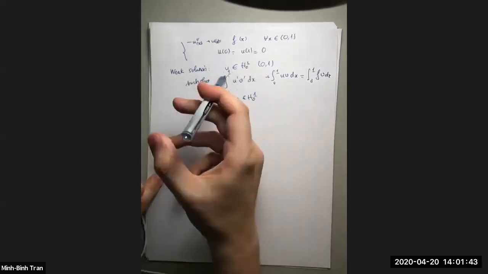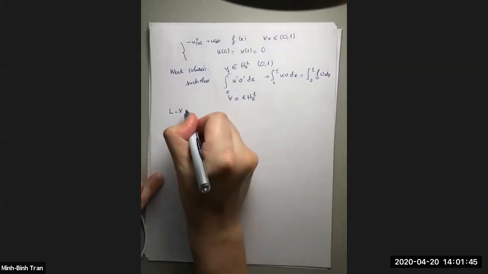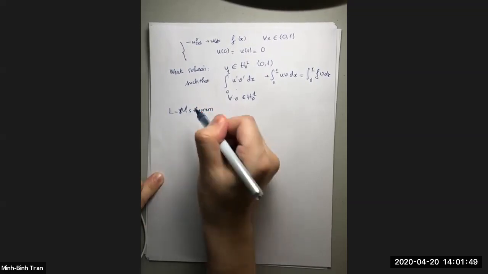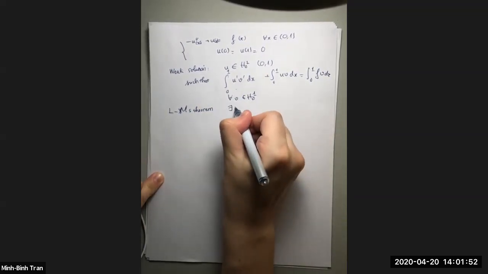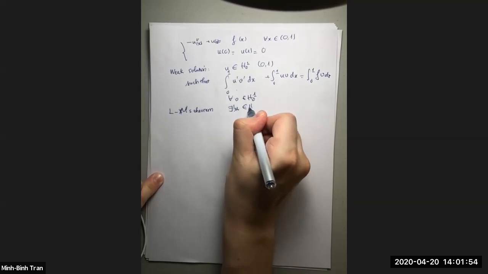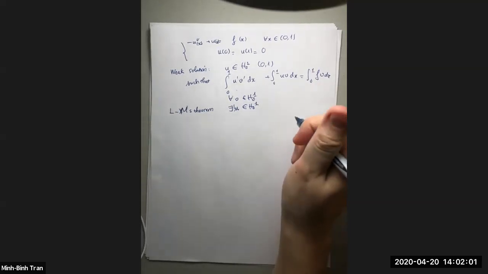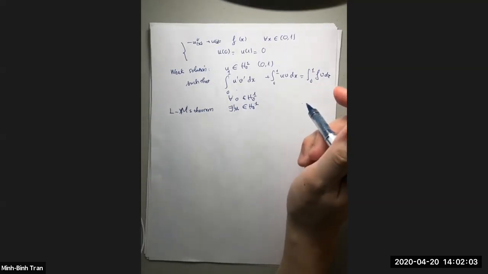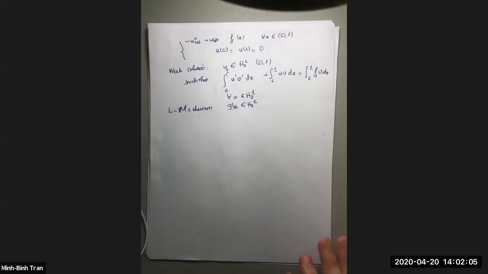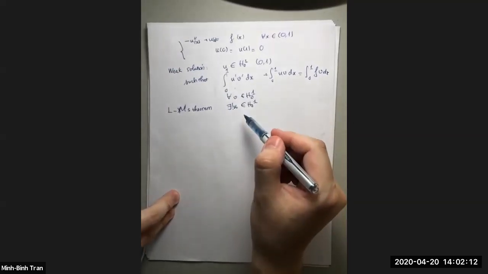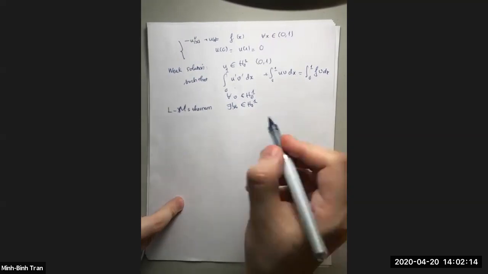So according to Lax-Milgram, we know that there's a unique solution such that it satisfies this equation. So we showed that there's a unique u such that this is satisfied.